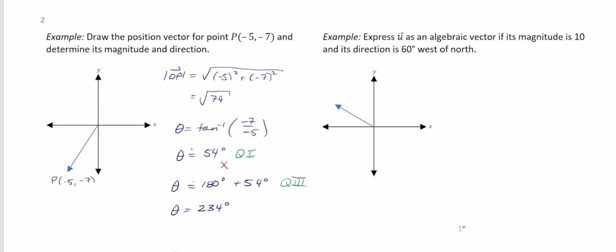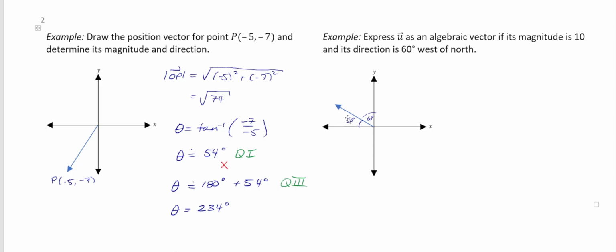Okay, let's look at this one right here. Express u as an algebraic vector if its magnitude is 10 and its direction is 60 degrees west of north. So what I'm going to do here, I've got the vector right here, 60 degrees west of north. So that's 60 degrees, making that 30 degrees.